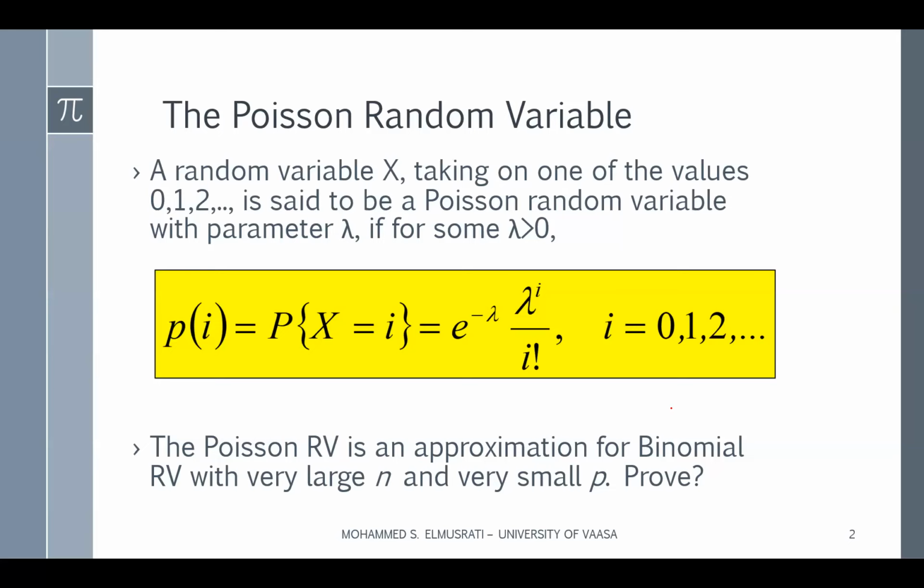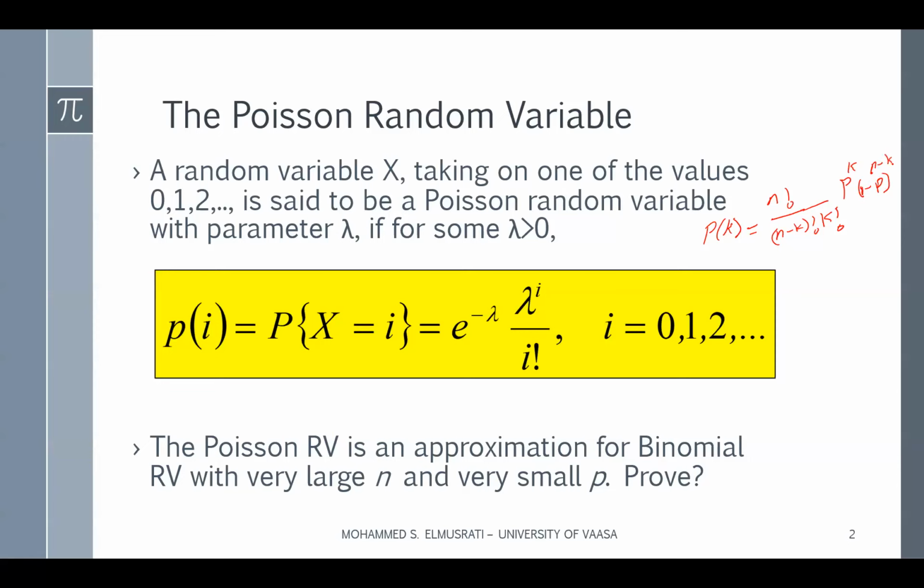This was given in the previous lecture: the probability of getting k successes is equal to n factorial divided by (n minus k) factorial times k factorial, multiplied by p to the power k, because there were k independent successes, times 1 minus p, the failure probability, to the power of n minus k.